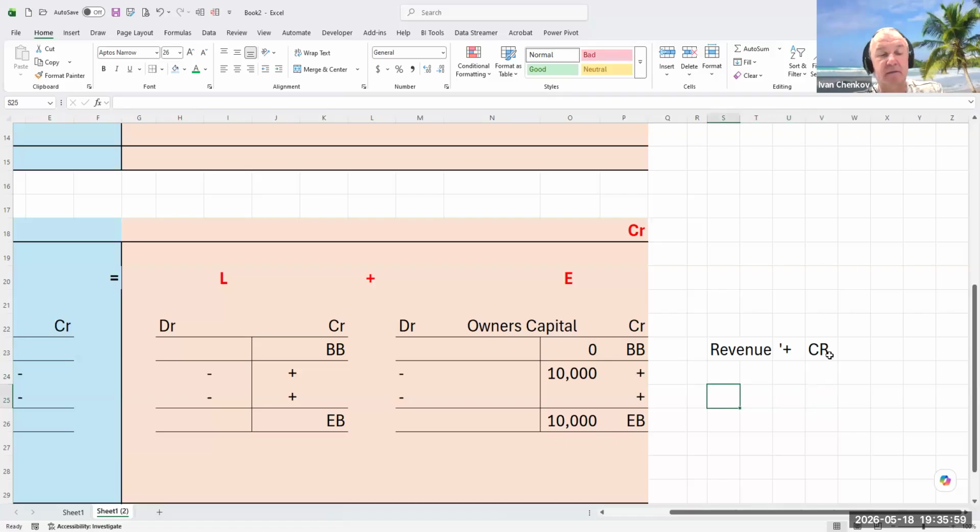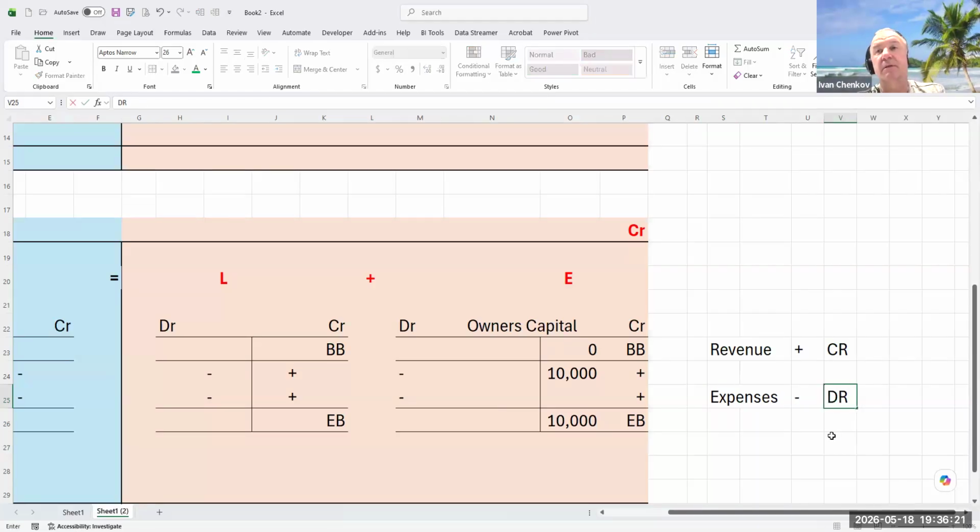Now, expenses on the other side are going to decrease the owner's capital. And since the only way to decrease the owner's capital is on the debit side, remember that expenses are always debit.